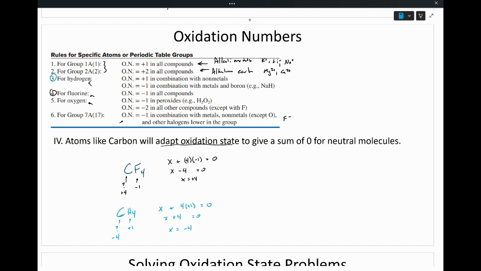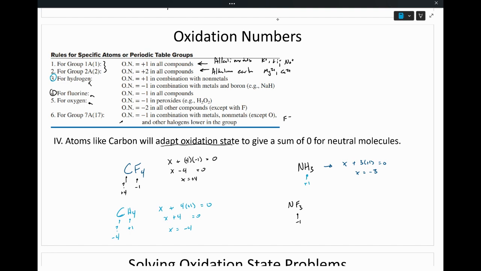You could do the same thing by looking at two different nitrogen compounds, NH3 and NF3. And this follows a very similar pathway where fluorine is -1, hydrogen is +1. And so in order to get neutrality, and you can think through this yourself, x plus 3 times +1 equals 0. X equals -3 here for nitrogen.